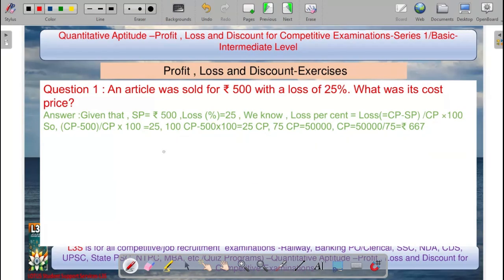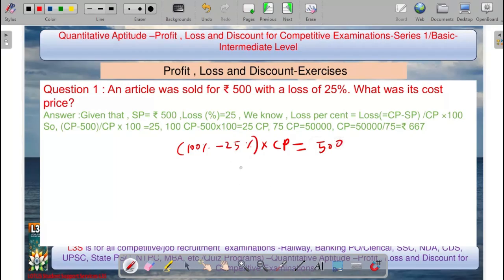Also, we can do it another easy way. Say it is a loss of 25%. So loss of 25% means 100% minus 25% of CP, that is 75% of CP is equal to 500.